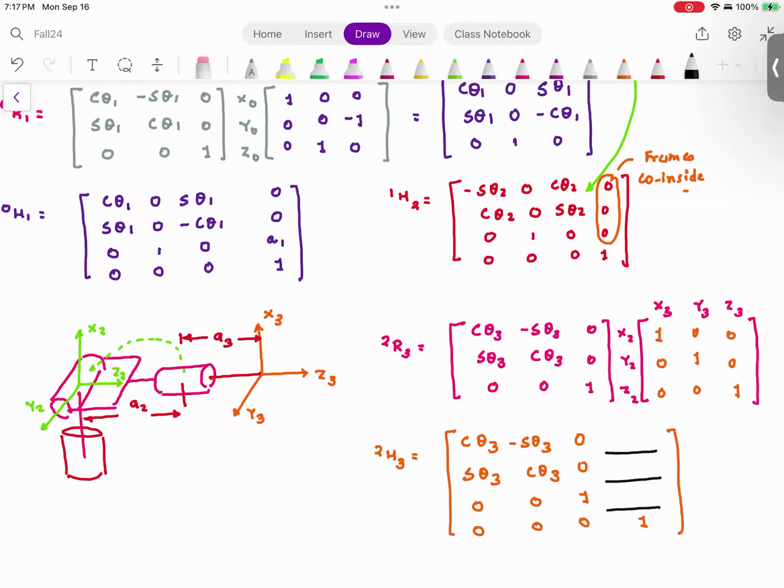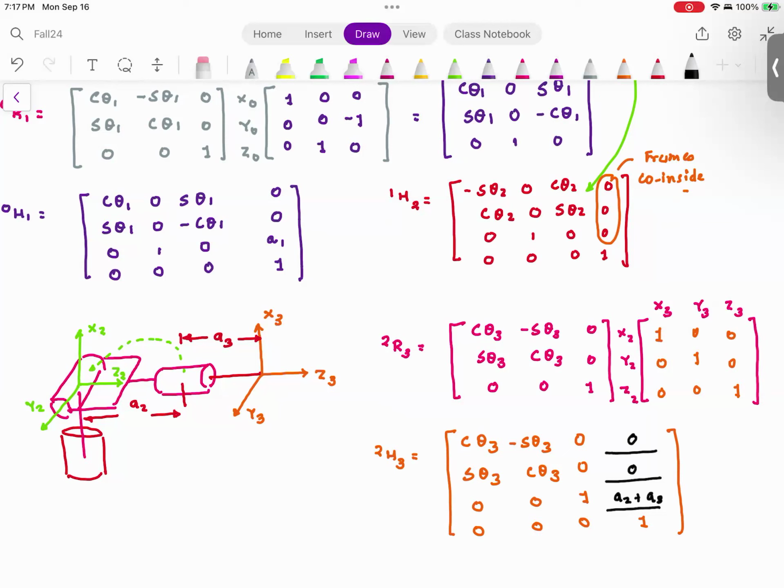And that distance is a2 plus a3. So I would have, extremely important, 0 here, 0 here, and a2 plus a3 here. No cosines, no sines. So this will be something like 0, 0, a2 plus a3.